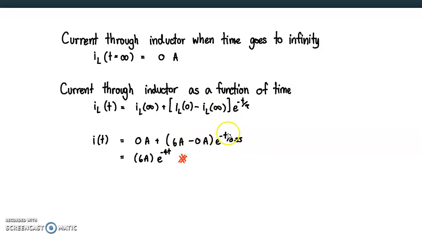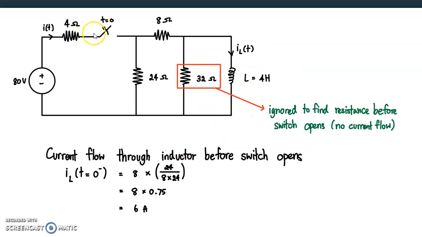e raised to the power of minus t over this time constant, which we can obtain by ignoring this one and this one. We can focus on this part to obtain the time constant, which will be L, the inductor over here, over the equivalent resistance.